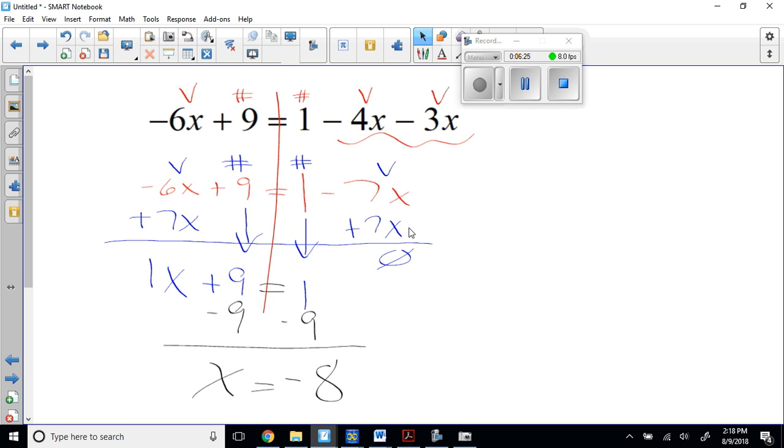I would have probably had a negative x equals positive 8, and then divide both sides by negative 1 is probably what it would have come out to be. So we would have the same numbers, but maybe some opposite signs. But when you perform your last operation, then we will be 1 for 1. Okay. Any questions on that one?